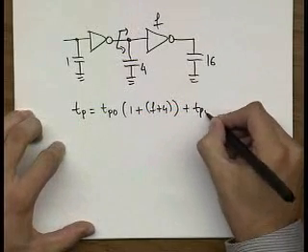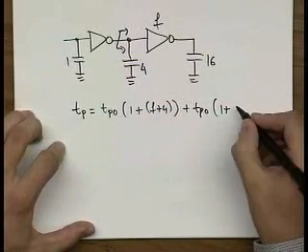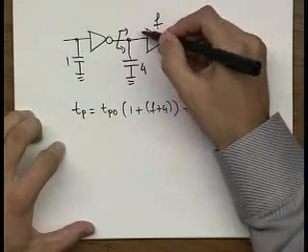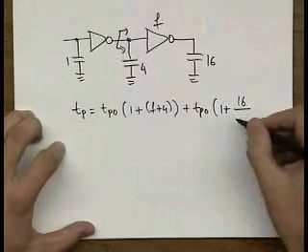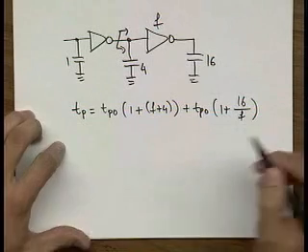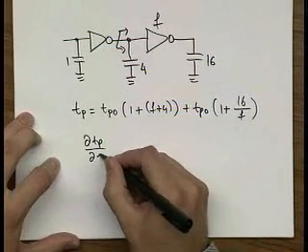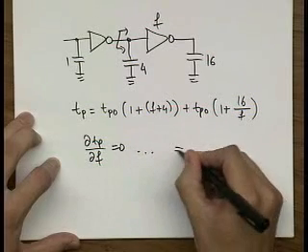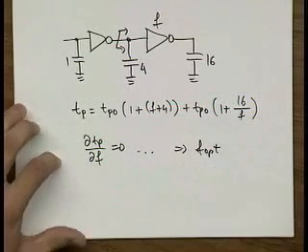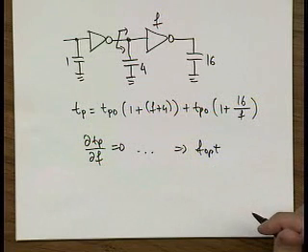And then you have the second stage, Tp naught times 1 plus 16 divided by the input capacitance of the driving gate, 16 divided by f. And then when you do dTp over df equal to 0, you figure out your optimal f and you're done, right?